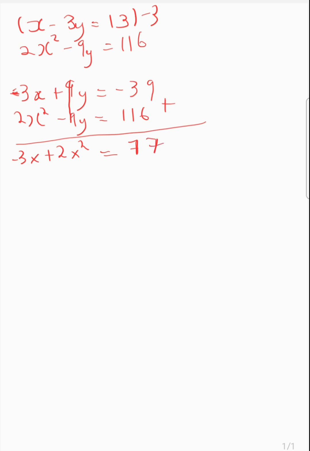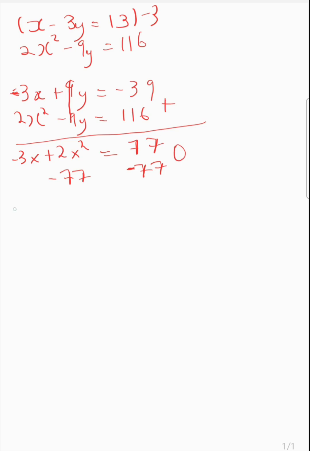So we get 77. Then we simply subtract 77 on this side and take it to the other side, so it's minus 77 here. 77 minus 77 is simply going to give us 0, so on the other side we are left with 0.